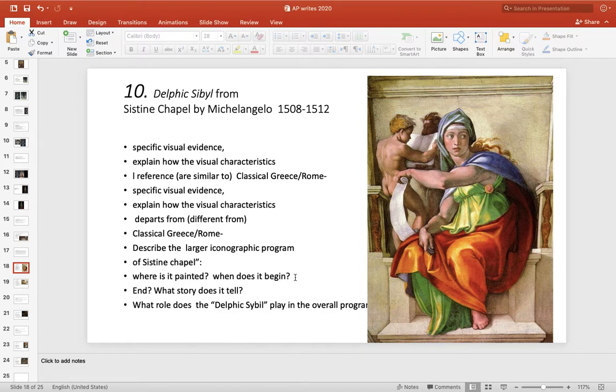It begins with the creation of the universe, with the creation of man. Then it goes to where man sins, and then where man falls. And then what role does she play in here? You could say a Delphic Sibyl is like a psychic. It's a pagan psychic that knows what's going to happen, and she knows God is going to come back. So it's a blend of classical pagan and Judeo-Christian iconography.